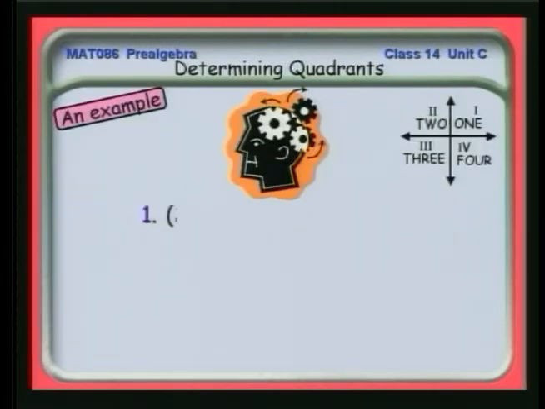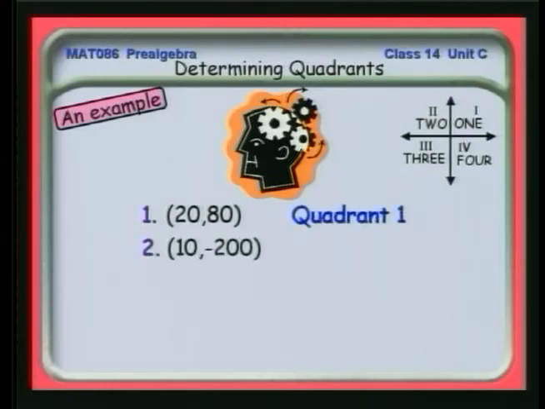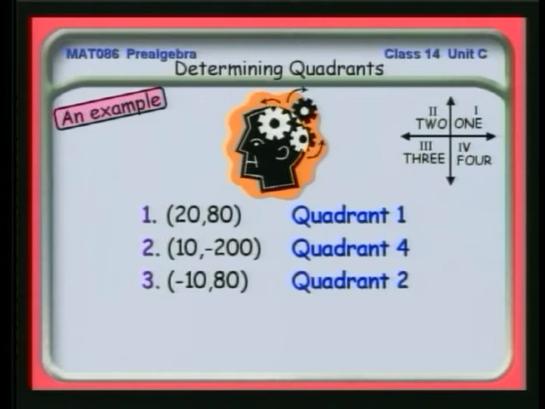Let's do a little quiz. How about 20, 80? What quadrant? Quadrant 1, both positive. 10, minus 200. There, y is negative, x is positive, quadrant 4. X is negative, y is positive, quadrant 2.